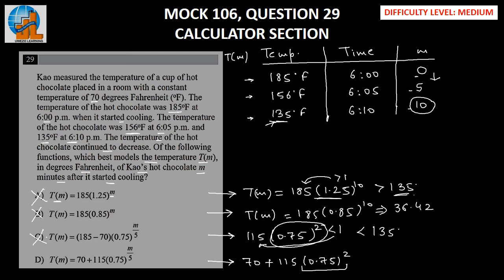This should be approximately equal to 70 plus 64.68. Once we add these two numbers up, this should be equal to 134.68. Now out of these four options, this is the only option which is closest to 135 degrees Fahrenheit here. Hence option D is the correct answer.